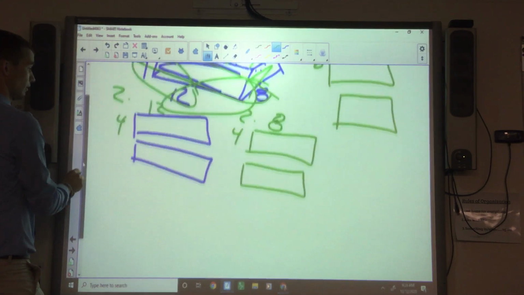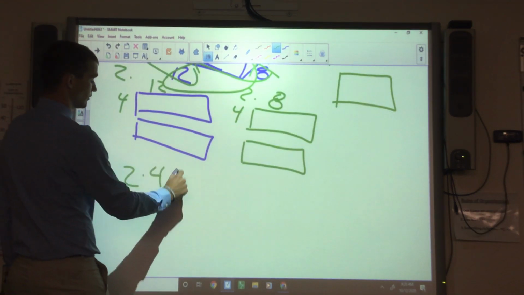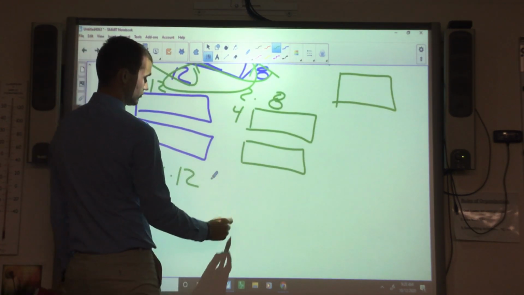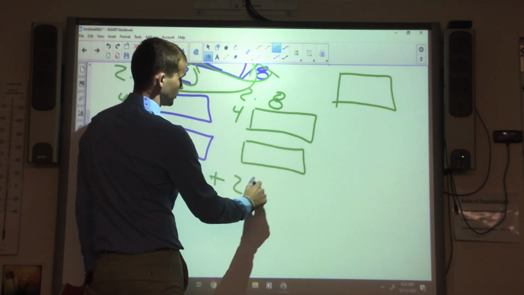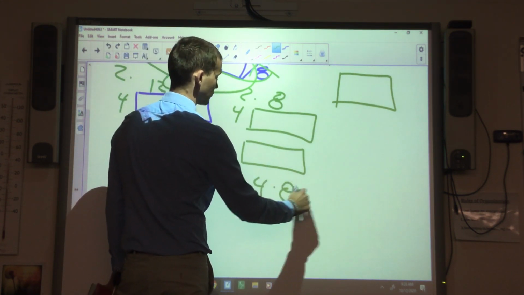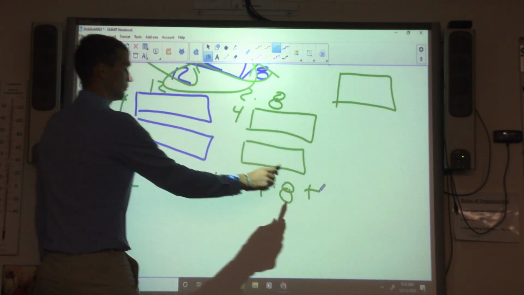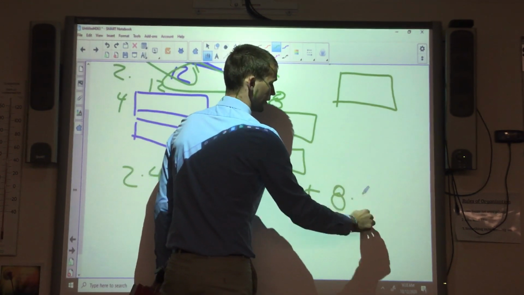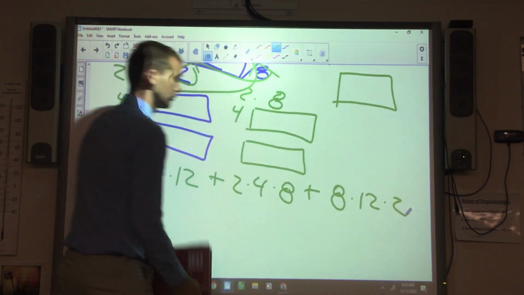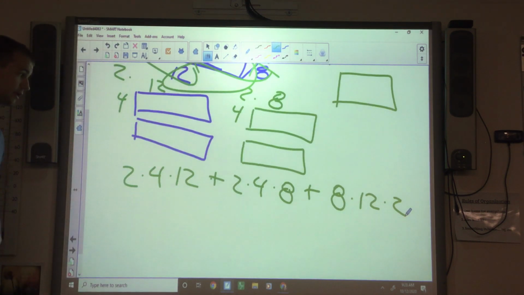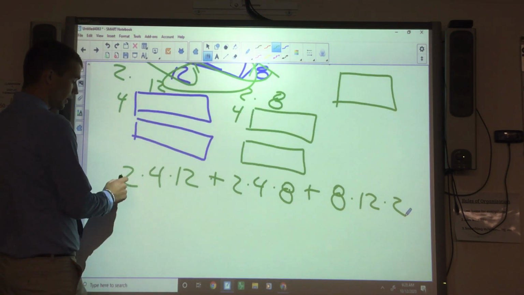You could also say I'm going to multiply: 2 times 4 times 12, plus 2 times 4 times 8, plus 8 by 12 by 2. Again, I look and see what's the easiest thing for me to multiply.